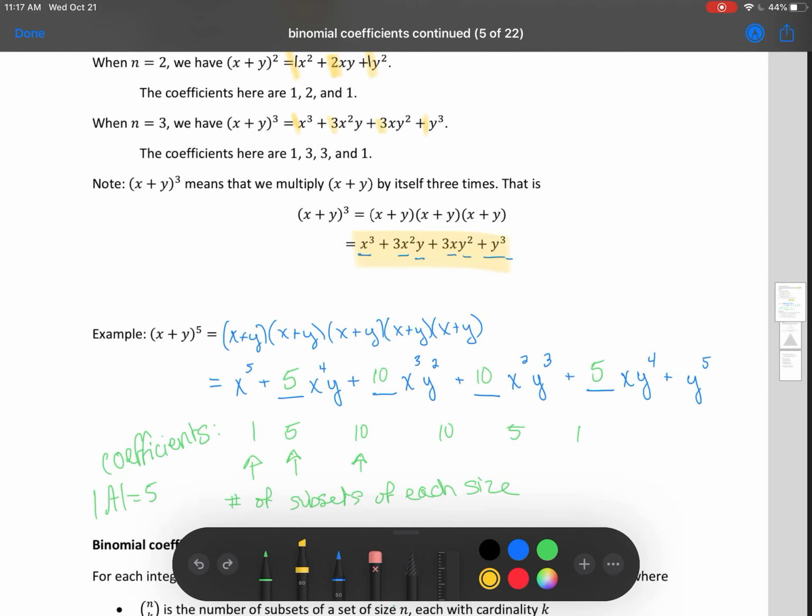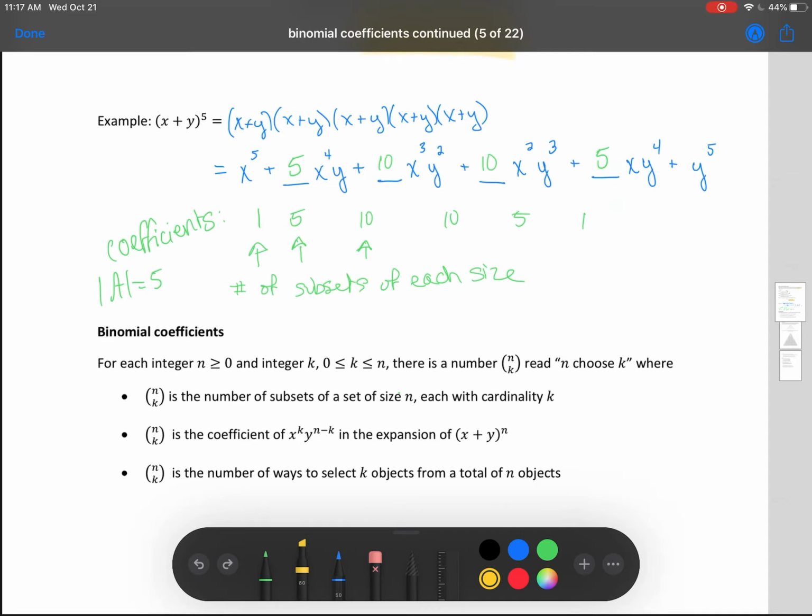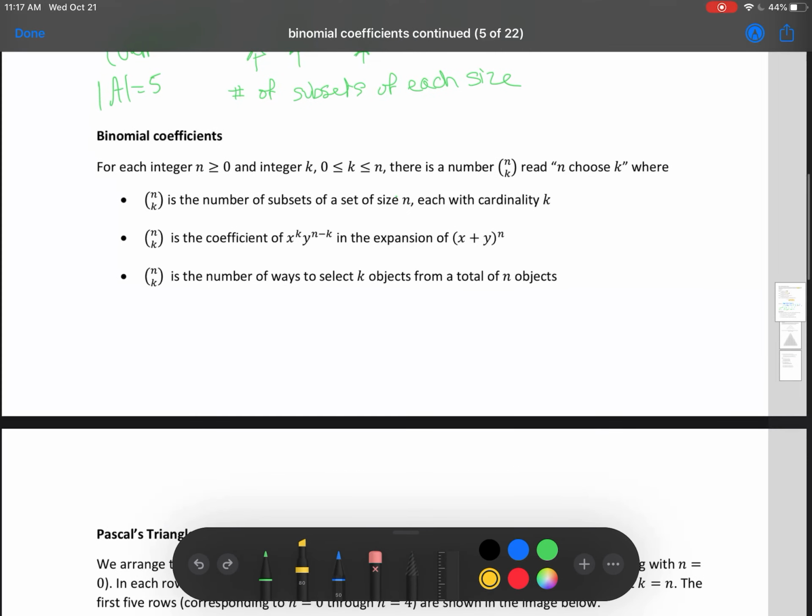It turns out that those are the same exact numbers, which leads us to the more general idea of binomial coefficients. So here's our definition. For each integer n greater than or equal to 0 and integer k such that k is a number between 0 and n, it could be equal to 0 and it could be equal to n, there is a number that we express like this, and we read it n choose k.